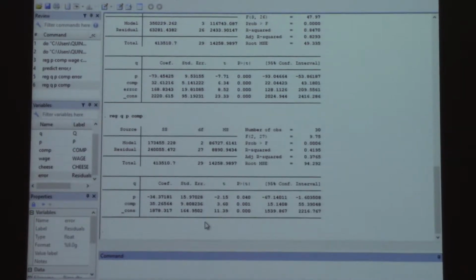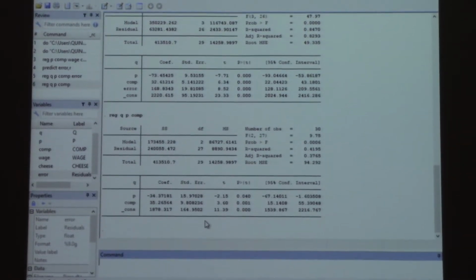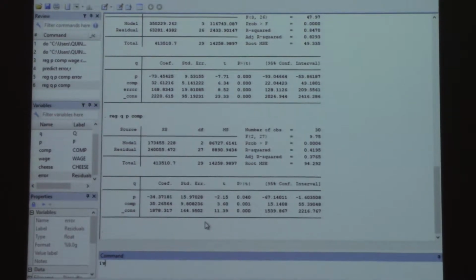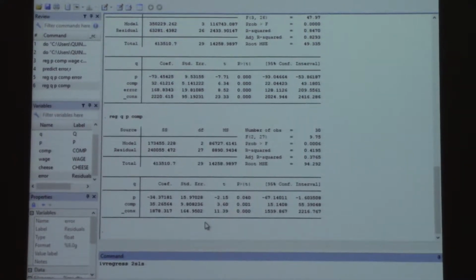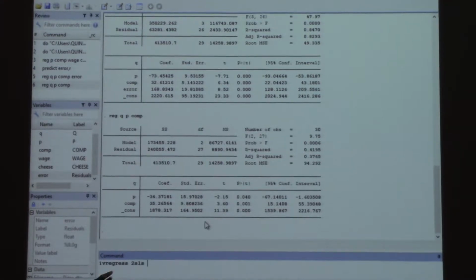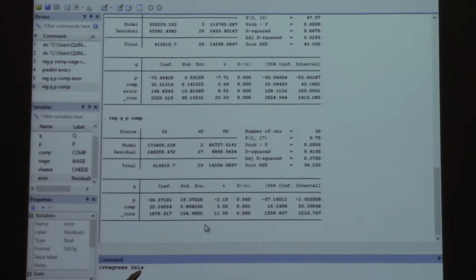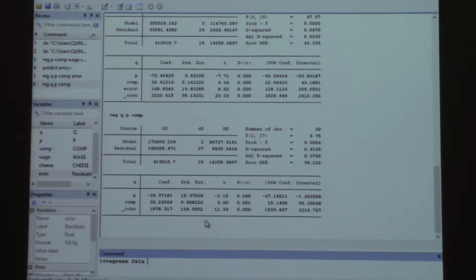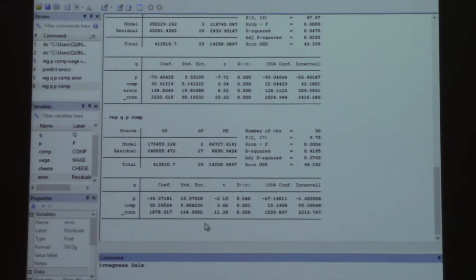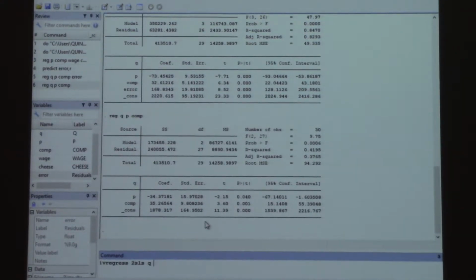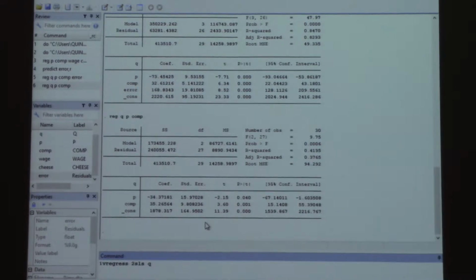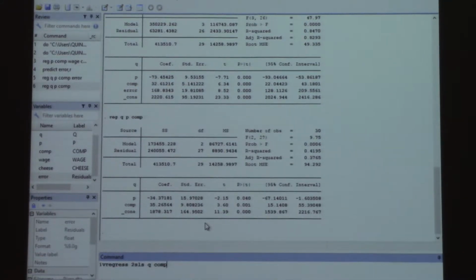We're going to run instrumental variable regression. So the command for that is IV regress, two stage least squares, 2sls, and then we run our model. Here's quantity. Here is comp, the price of a competitor's product.